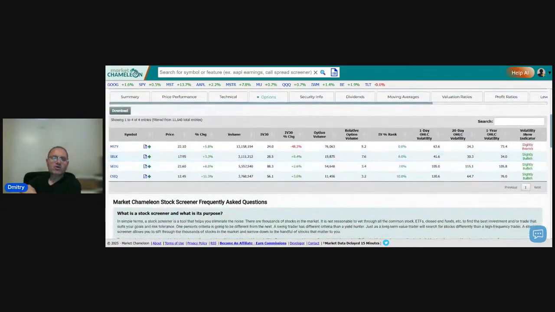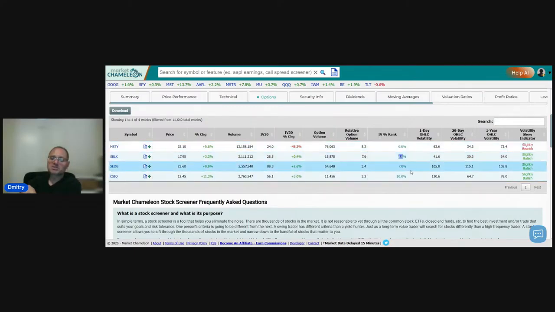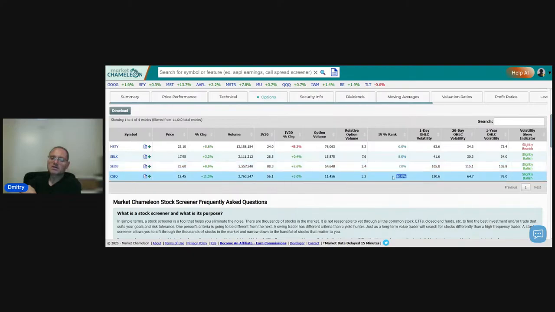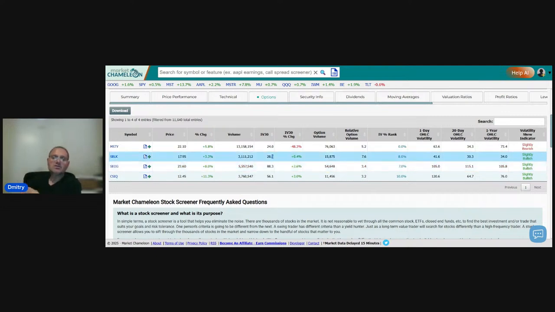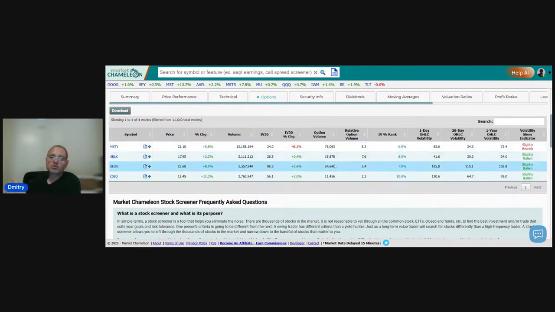So now we have 4 stocks where the relative option volume is still high, above 10,000 contracts, and on a relative level, it's still high. But we see that the implied vol rank is now below the 10% that we set. So you can see here, we have implied volatility of 88, 20, 24, 56. But for those particular stocks, this is on the lower end of its historical range.